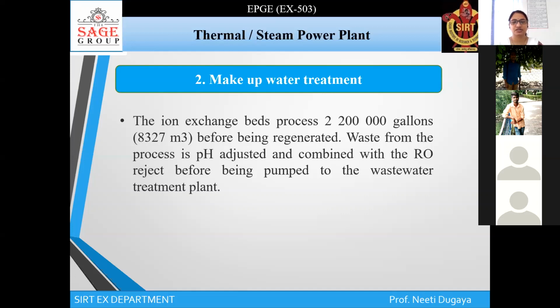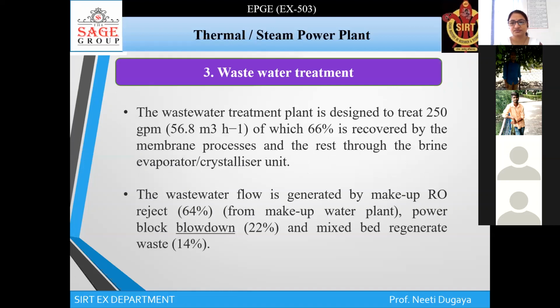Okay, and then water is neutral. So the pH value has been adjusted here before combining with the RO reject, the makeup water treatment plant adjusted the pH value also. Then the water coming out from the makeup plant is fed to the wastewater treatment plant.